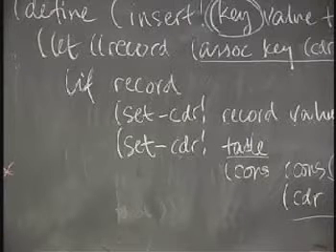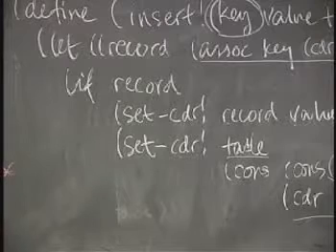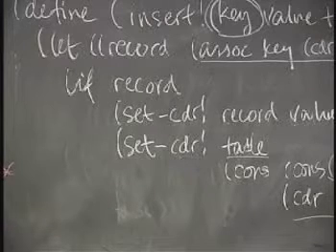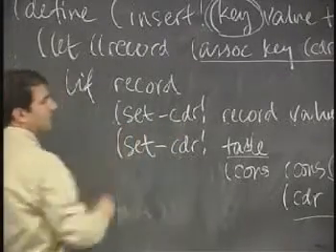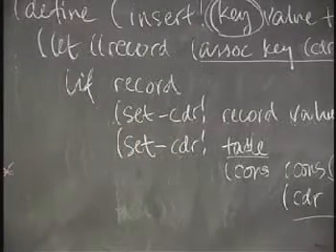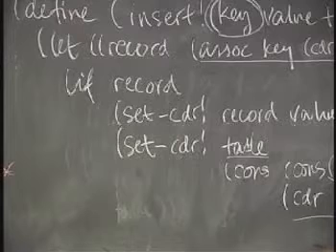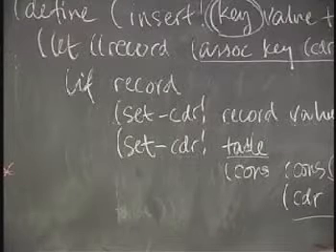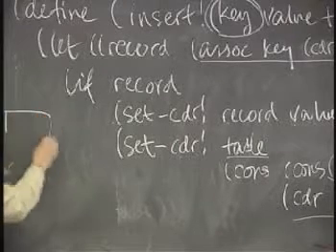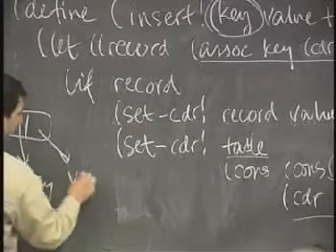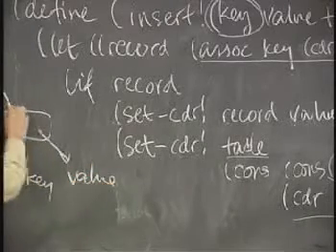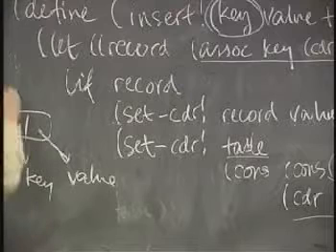We can't set-cdr! if we don't have a pair. As Heather was saying, assoc returns the entire record, and therefore, as Chris was saying, we can set-cdr! of the pair. We don't have the ability to set if we just have the value that we want to change, not the place where it's being held. Remember, an association is a pair between a key and a value. We need to get our hands on this object here.